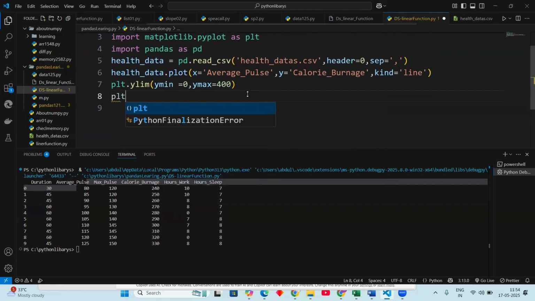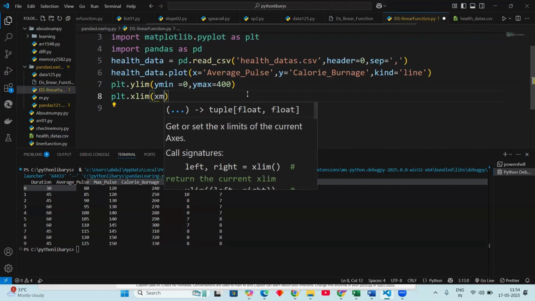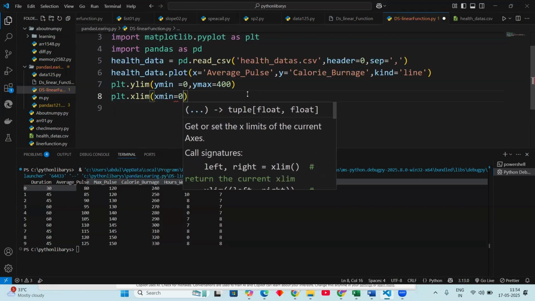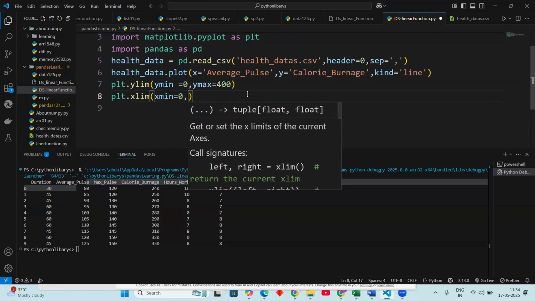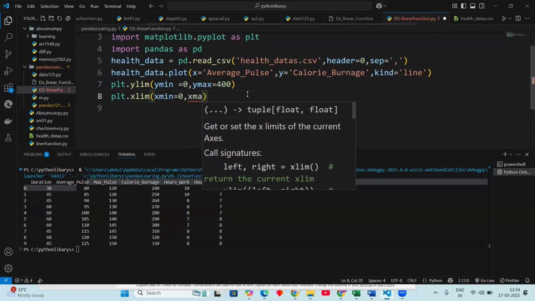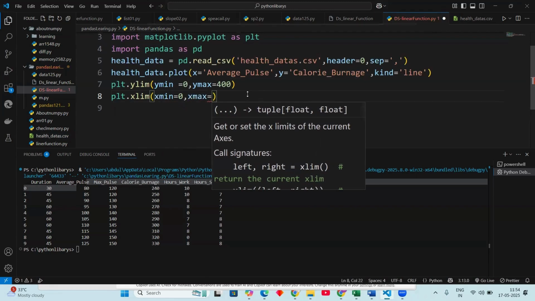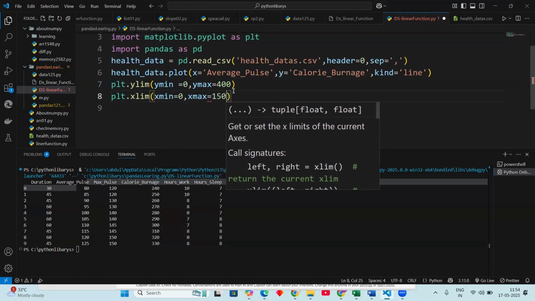Now plt.xlim. For x min, I want to start from 0. For x max, the highest value is 120, so I take 150 as a constant. So it is nothing but the min and max functions.